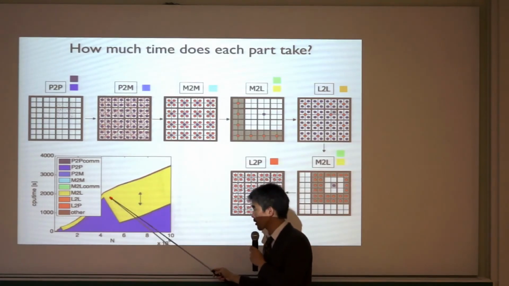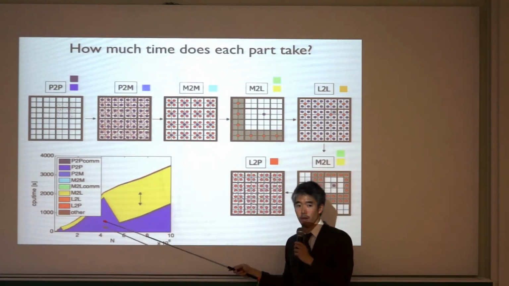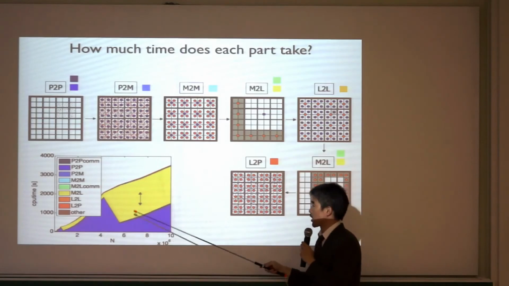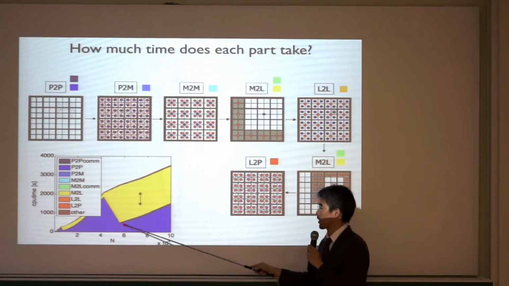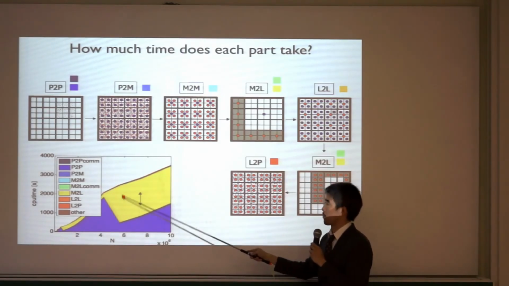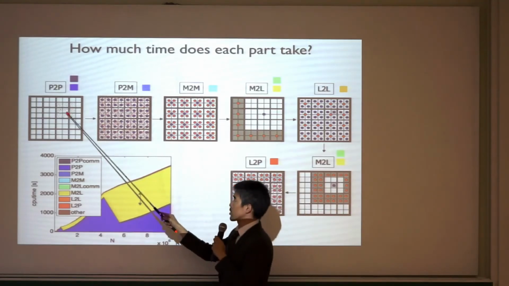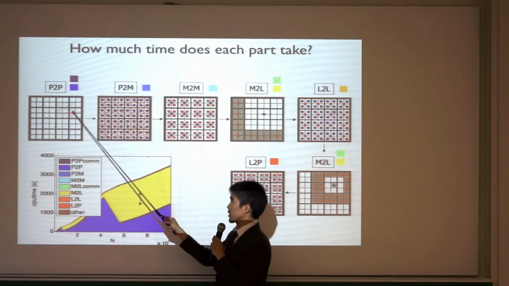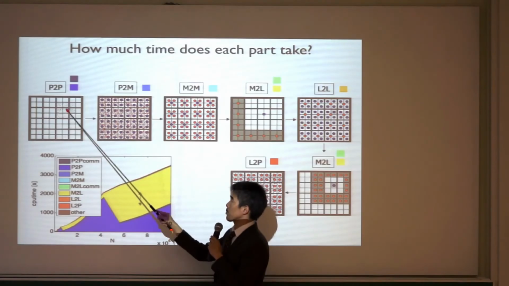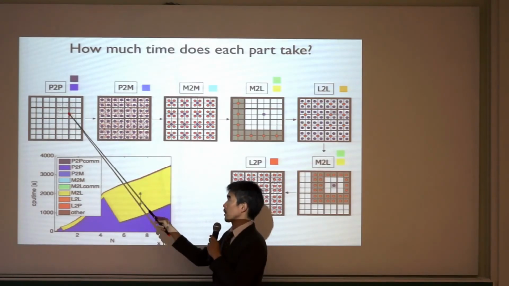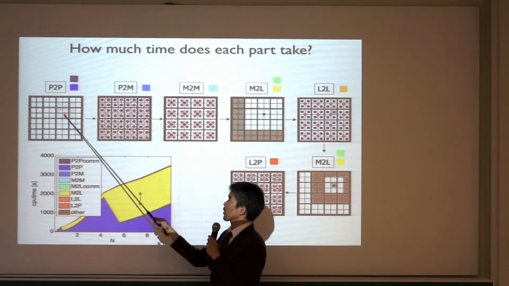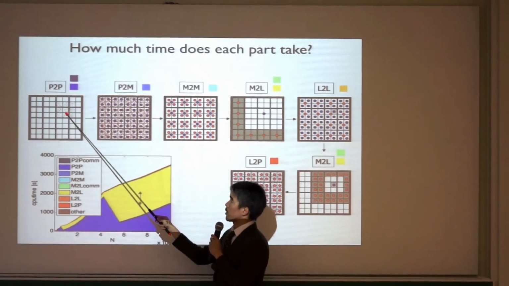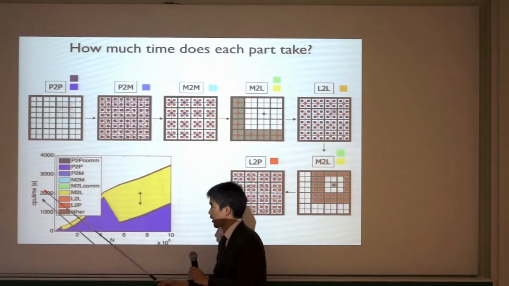So the key to achieving order n in fast multipole methods is to subdivide the tree at the right time. And how you achieve that is usually assigning a constant number, like a threshold. So say that if the number of particles at the leaf box becomes more than 32, subdivide.